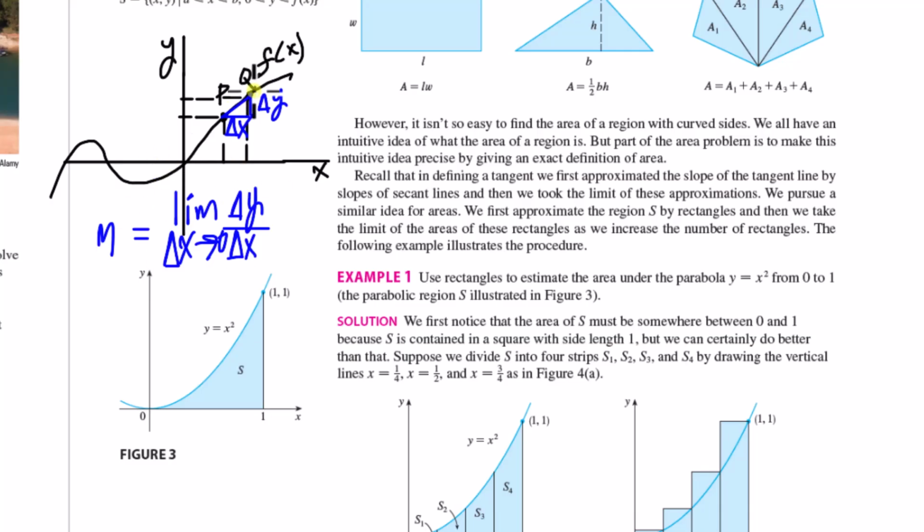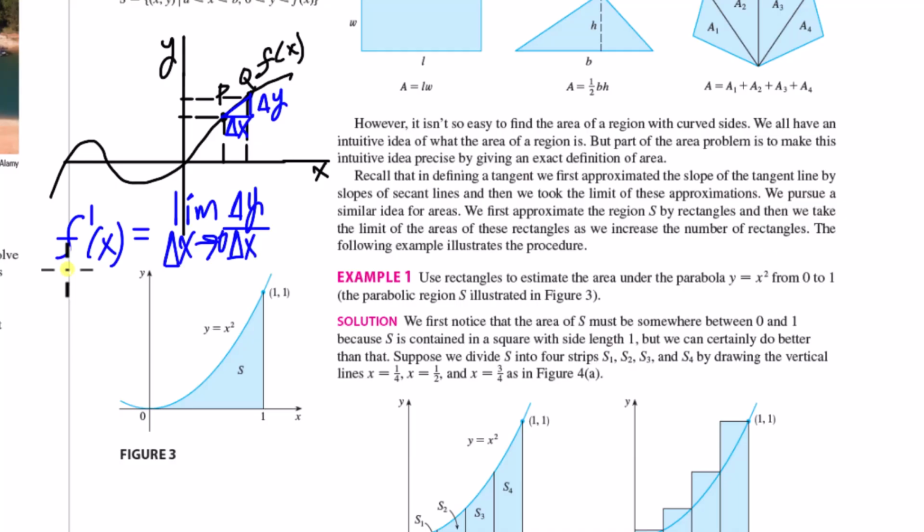Now, because this limit has many different applications that aren't always strictly associated with finding the slope of a tangent line to a curve at a point, this limit was pulled away from the specific context of the slope of a line, and was called just the derivative of f of x at some point P. In general, you can think about the derivative of the function f of x, f prime of x, such that the slope of a tangent line to a curve at a point corresponds to the derivative.